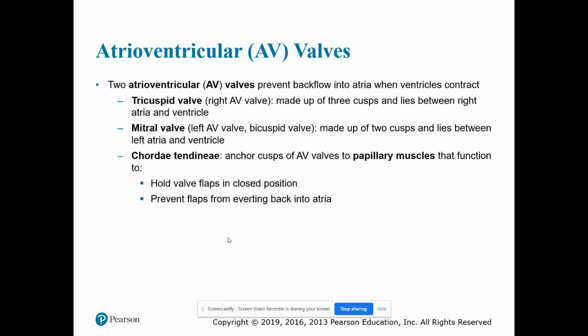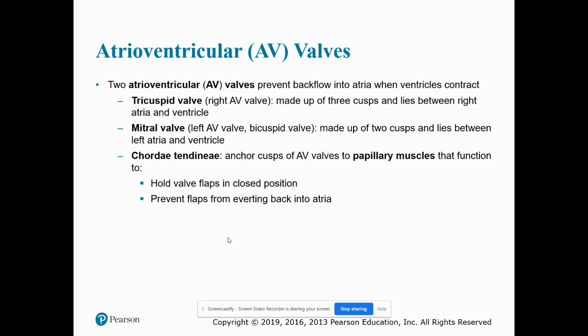And then we have the mitral valve, the left AV valve, also known as the bicuspid valve. Either way, I probably will call it the mitral valve, but it doesn't hurt to know it as the bicuspid valve as well. It's made up of two cusps. That's where the bi comes from. Bi means two. So two cusps, and it lies between the left atrium and ventricle.